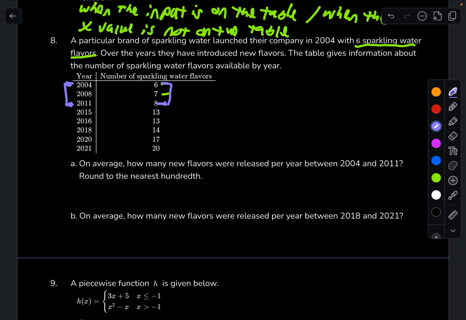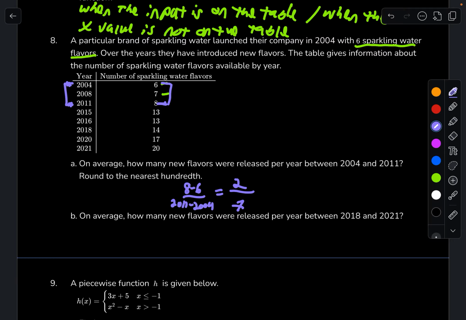It's going to be the change, it'll be 8 minus 6 over 2011 minus 2004. That's going to be 8 minus 6 is 2. 2011 minus 2004 is 7.